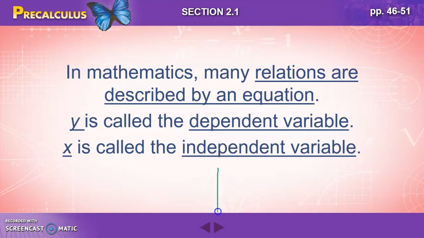As a reminder, we're talking here about the Cartesian plane, which has four quadrants. This is our x-axis, this is our y-axis, and x and y are actually called a lot of different things. X is also called the horizontal, while y is called the vertical. X is called the independent, y is called the dependent.